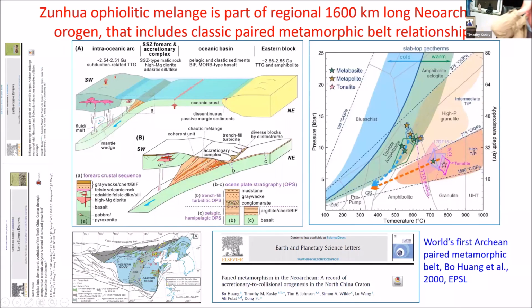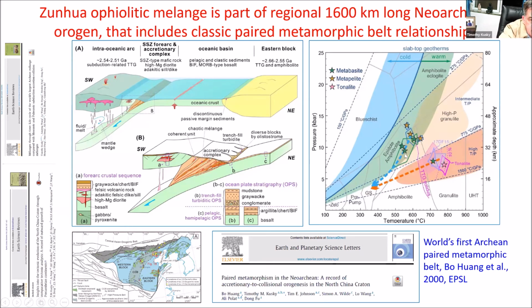So this orogen, the Central Orogenic Belt here, okay, is 1,600 kilometers long, all right? And we've been talking about this area up here. And we have some new results from other places. Here's from a former PhD student who's now a young professor here at CAG, Bo Huang. I'm not sure if he's listening. I think he probably is.